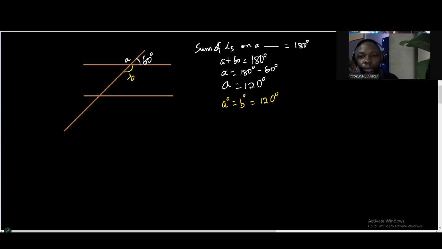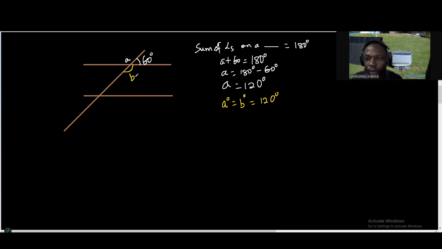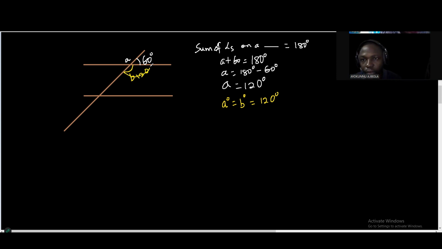We can also prove it by saying these two angles are on a straight line. Is that clear? Then if you add them, they must be 180. So B is also 120, because 120 plus 60 gives us what?